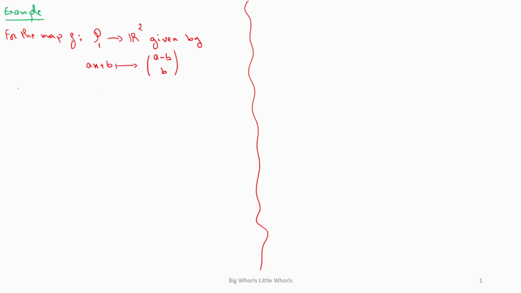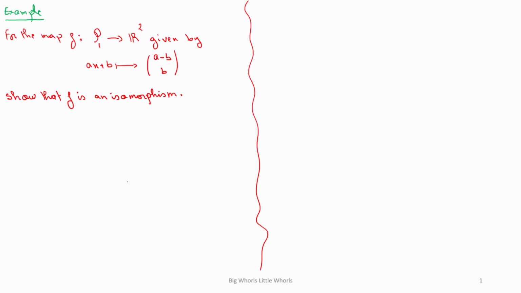The question is as follows: show that f is an isomorphism.